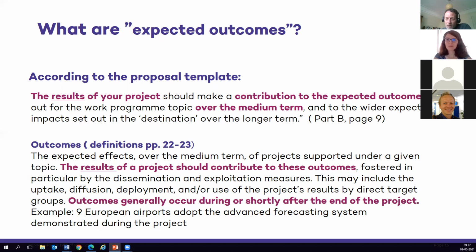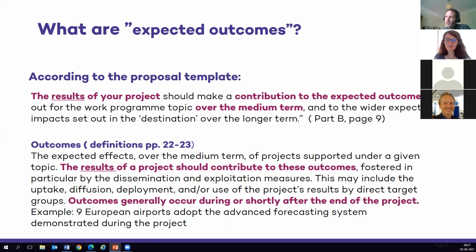Now, the medium term is not a very specific time indication, and we'll come back to that. It also says here shortly after the project. So this is again to do with the time indication. When should they be delivered? When can you be expected to deliver on the expected outcome?